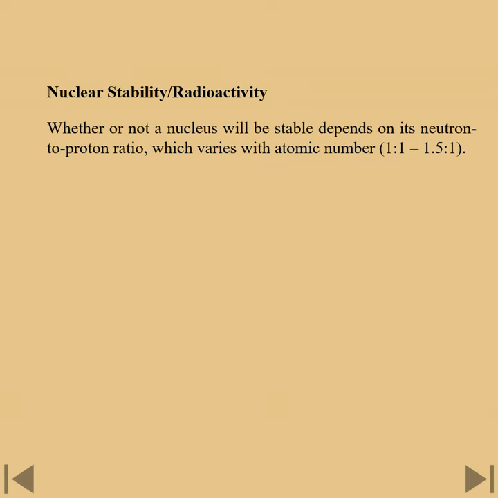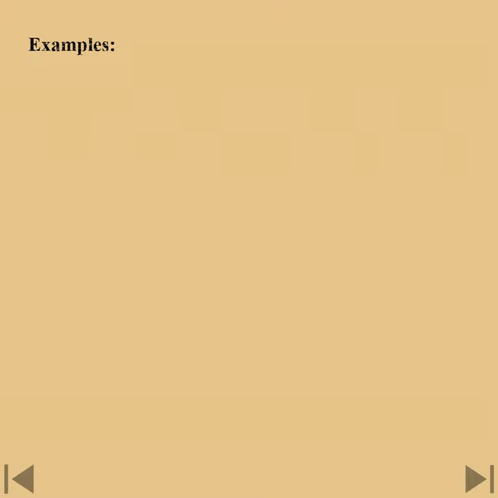As we get bigger and bigger, we tend to need more and more of these neutrons to hold the nuclei together. So we see it go up to about a 1.5 to 1 ratio. That doesn't mean that just by fitting within that ratio it's automatically going to be stable, but we do find that all stable nuclei do have a neutron to proton ratio within that range.